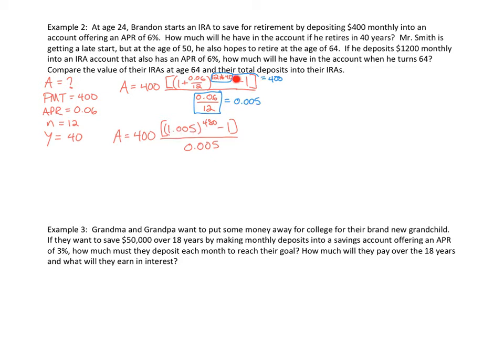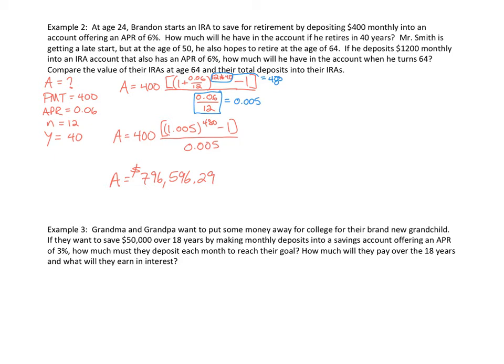This exponent becomes 480, I miswrote that there, 480. There we go. And the grand total for this particular annuity will be $796,596.29, and that is a huge chunk of money.